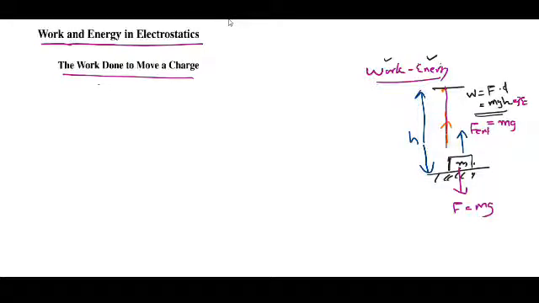Once the body reaches here, this work is stored as its potential energy. Similarly, here we will do certain work on a charge in an electric field, and that work will be stored as the energy of that charge system.